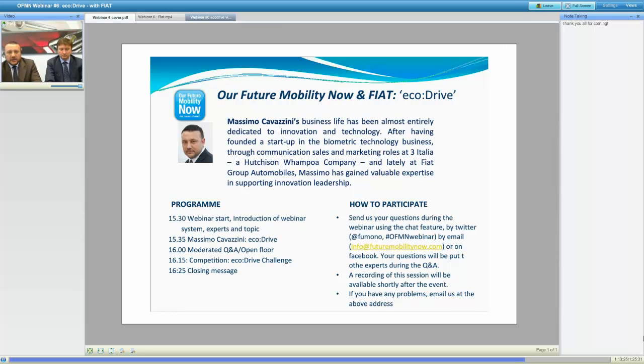As you saw, if in Europe all people were eco-drivers, we can save CO2 and fuel, and we can save the equivalent of the CO2 emissions of Portugal or Croatia. So we are trying to bring the EcoDrive application also to the new media and new channels. And I invite you to try our new mobile applications.